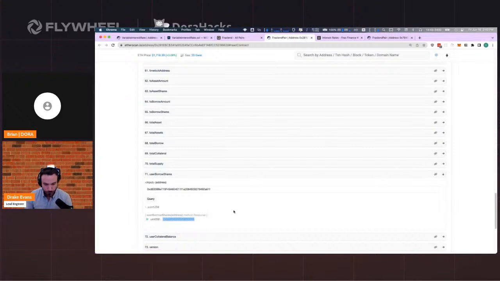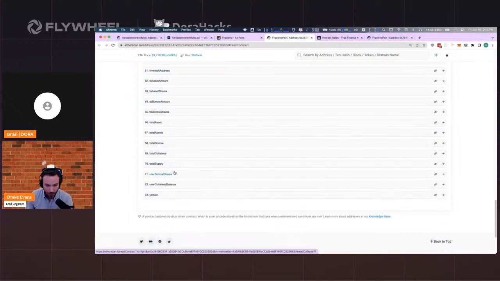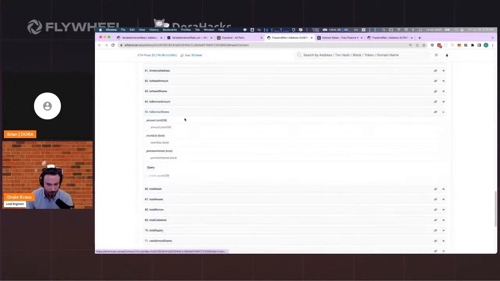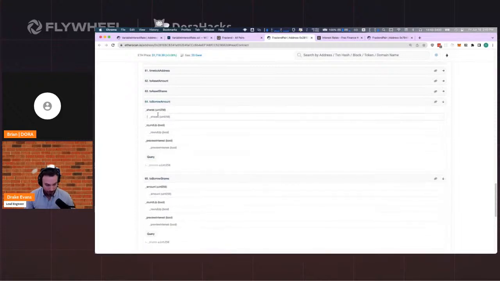So we'll take this, and I want to know how much I owe today. Now, if I were to use the old calculations, I would be using stale data. But now I can calculate the exact amount that I owe by using this to borrow amount function with the preview interest Boolean.